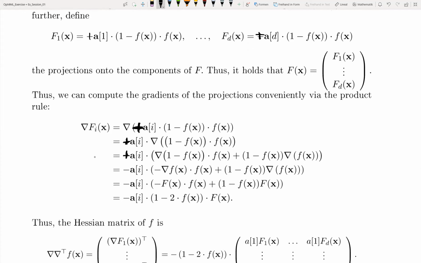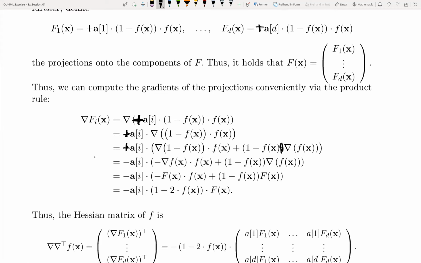All right, we apply the product rule. The first function is 1 minus f of x, the gradient of that thing, times the second function, which is f of x as it is, plus 1 minus f of x times the gradient of f of x.